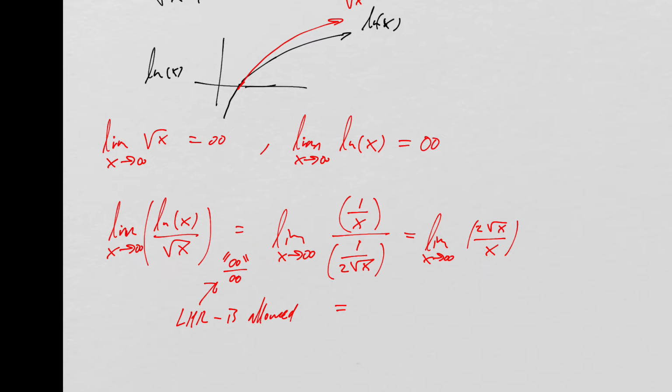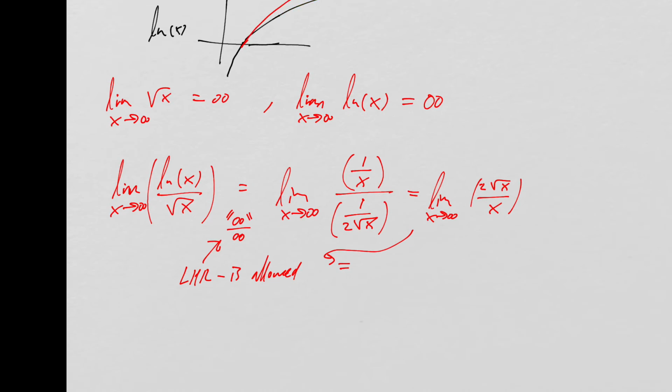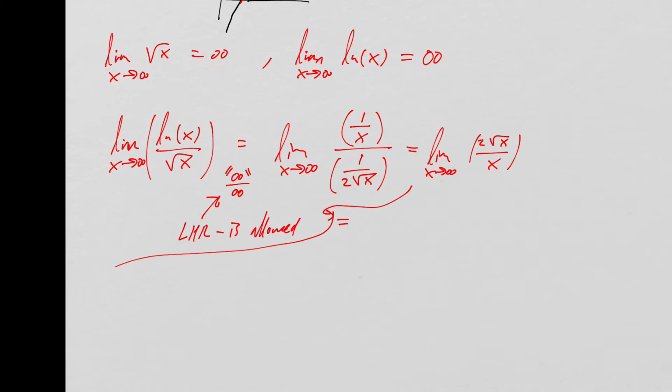One thing we can see here, let me move this down a little bit more. The limit as x goes to infinity is going to be x to the 1/2 over x to the 1, so that's going to be x to the negative 1/2. So what we finally get is 2 over root x coming out of this.